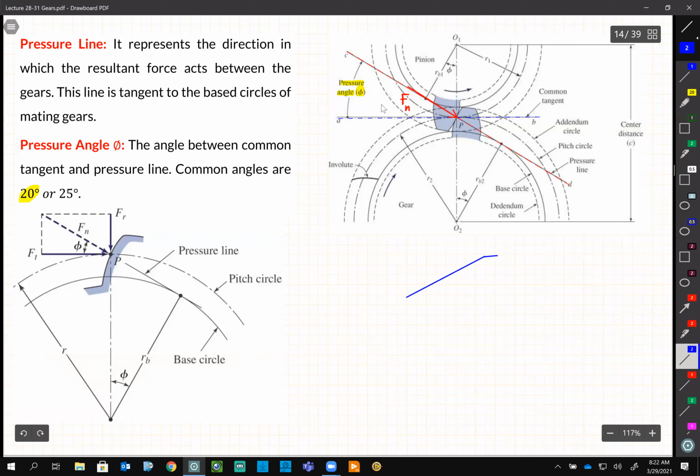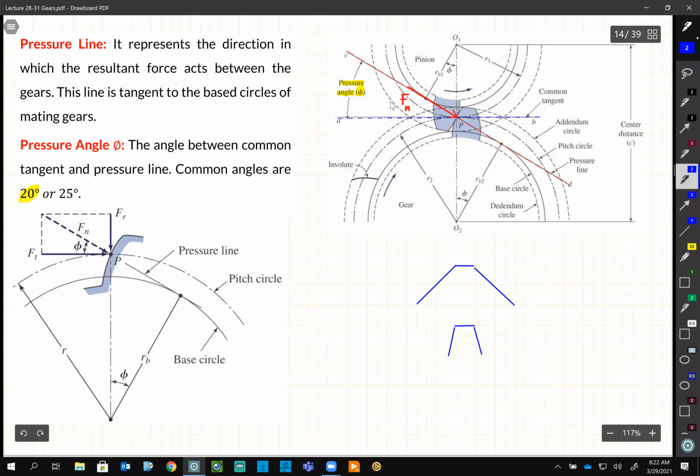Let's say if you have a tooth of this shape, I'm just going to exaggerate a little bit. Let's say a gear like that, or a gear like that. So this one has a large phi, this one a small phi, right?